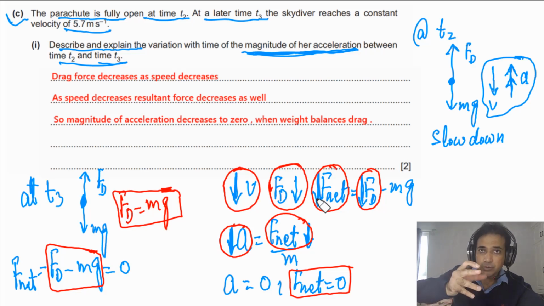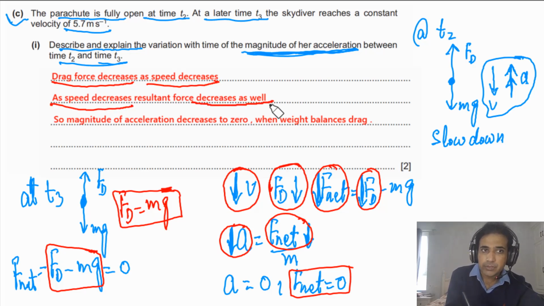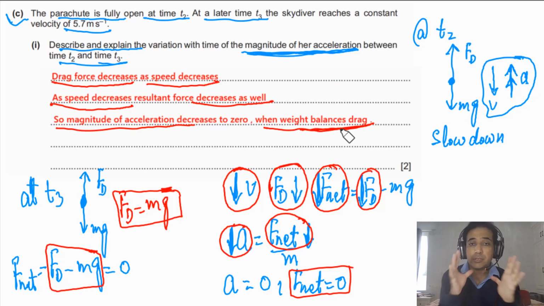Why is drag force decreasing? Because the speed is decreasing. So first we can say drag force decreases as speed decreases. As speed decreases, resultant force also decreases. So magnitude of acceleration decreases to 0 when weight balances drag. So this is how you can answer. This is a typical question. You need to understand how to answer this type of problem.